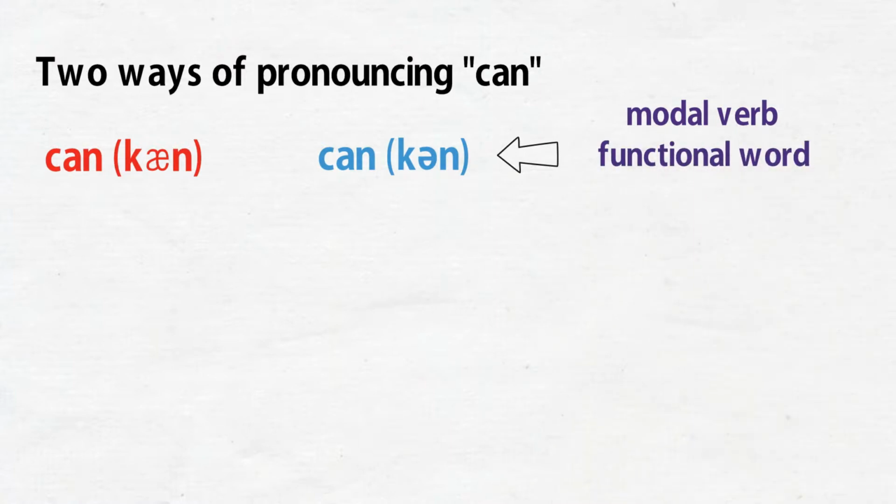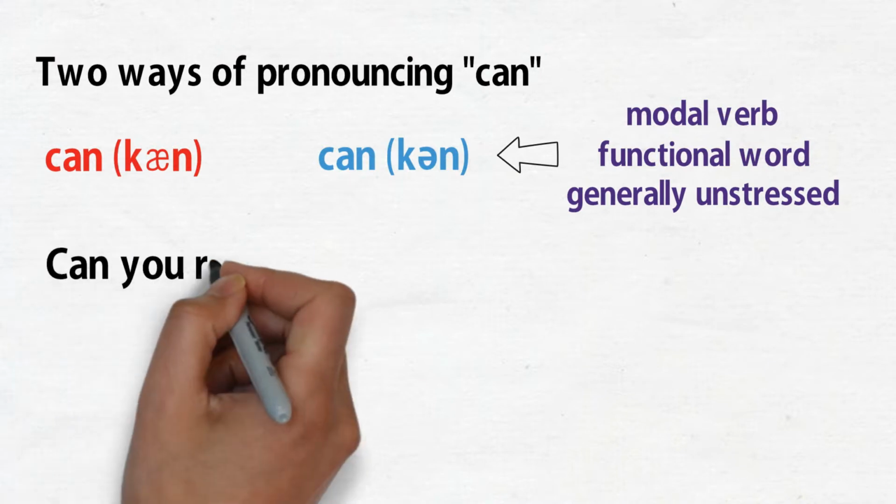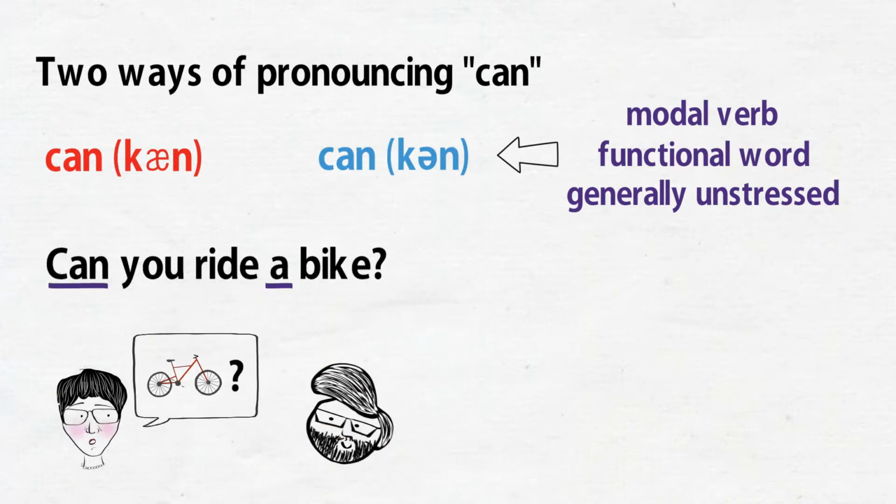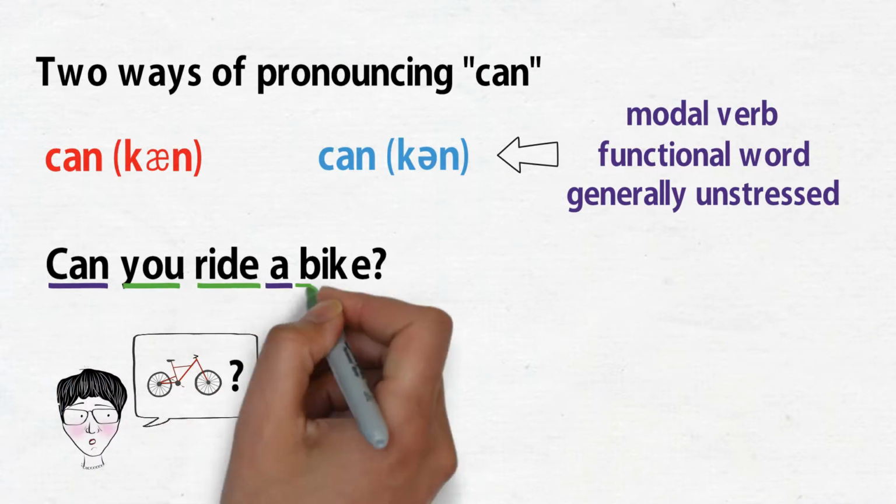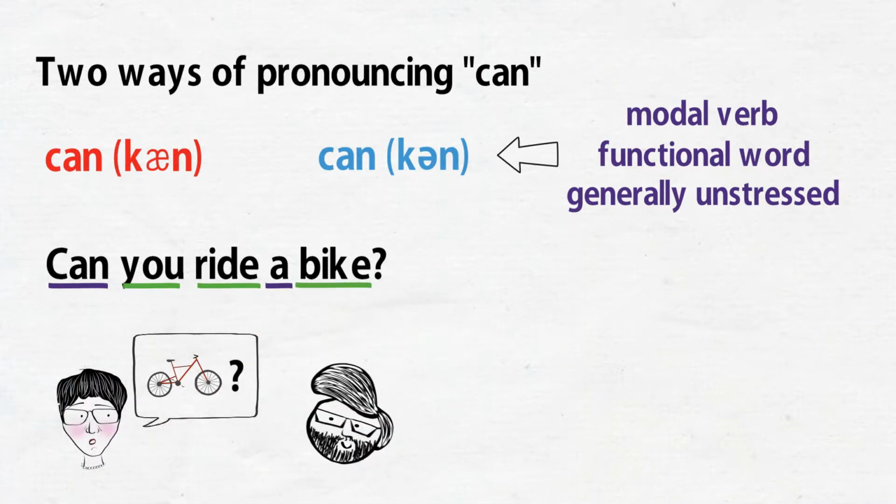So as a functional word, it's generally unstressed. An example of that would be, can you ride a bike? The stressed words in this sentence are you, ride, and bike. They're called context words, and because of that, they're always stressed.